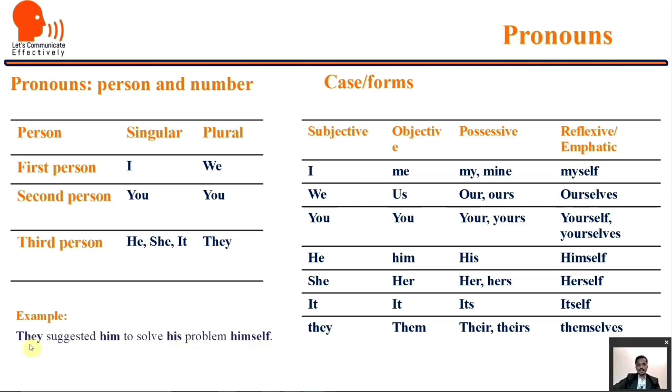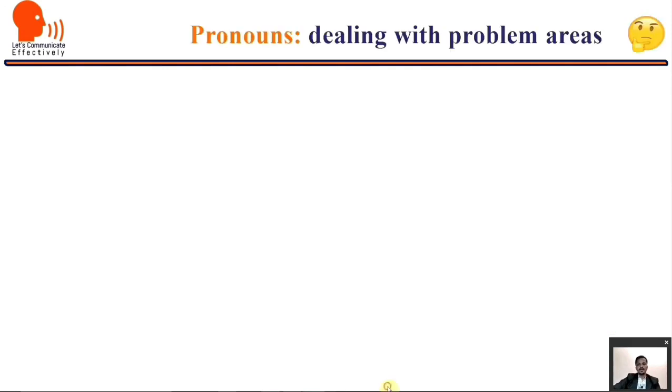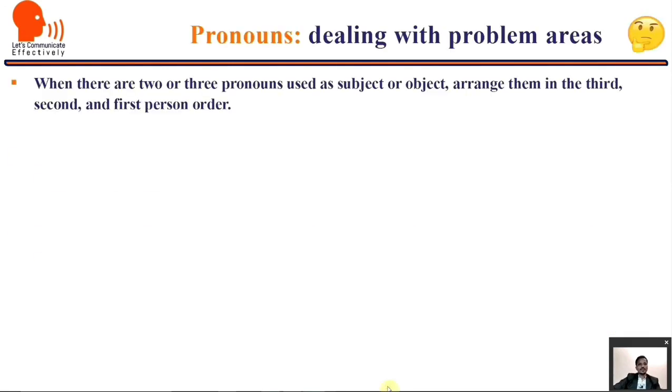So they is subjective, suggested him is objective because they is subject, him is object, to solve his is possessive, problem himself is reflexive.